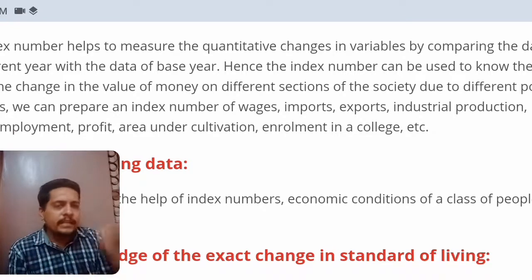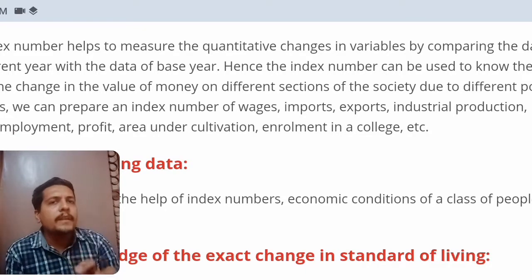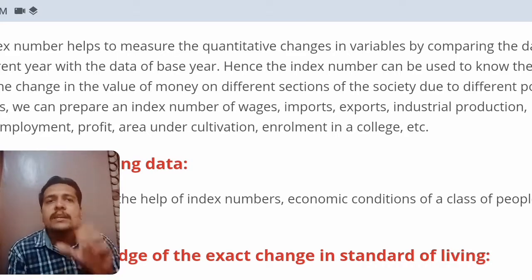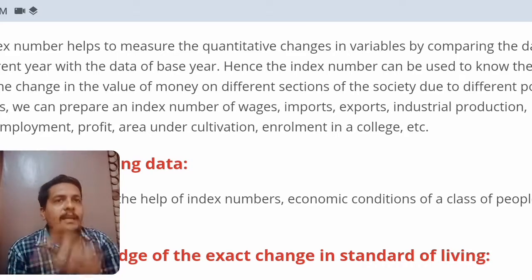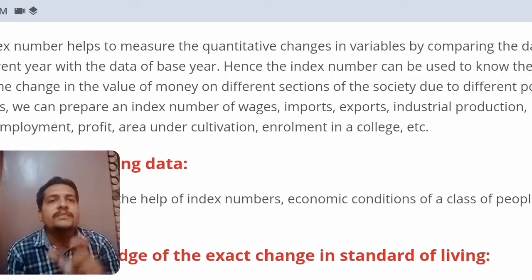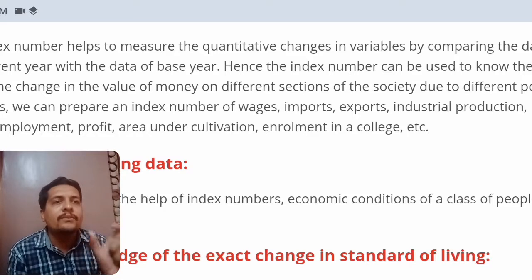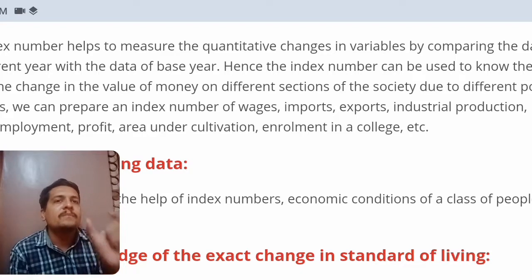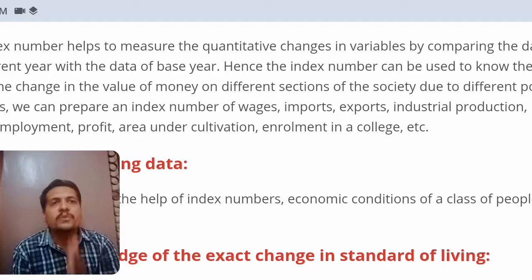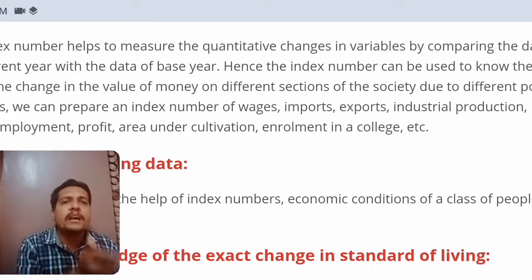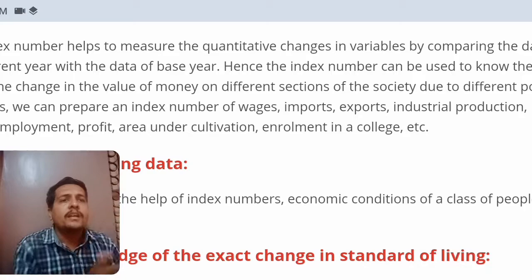So in index number, mainly we compare two different years or places with regard to their base year or base place. Hence, the index number can be used to know the impact of the change in the value of money on different sections of society due to different policies. Thus, we can prepare an index number of wages, imports, exports, industrial production, unemployment, profit, area under cultivation, enrollment in college, etc.